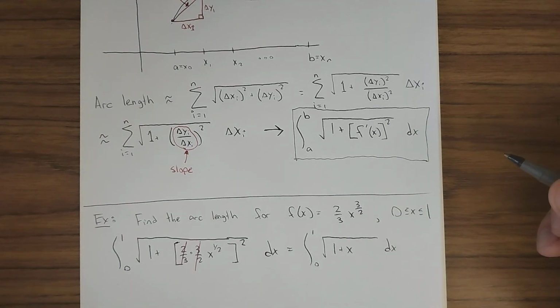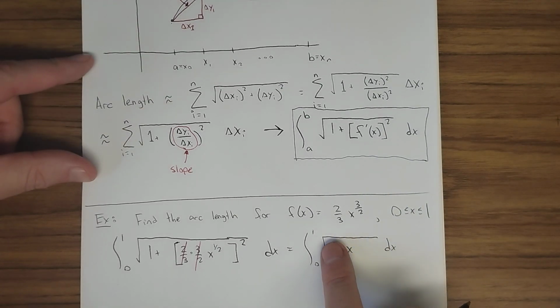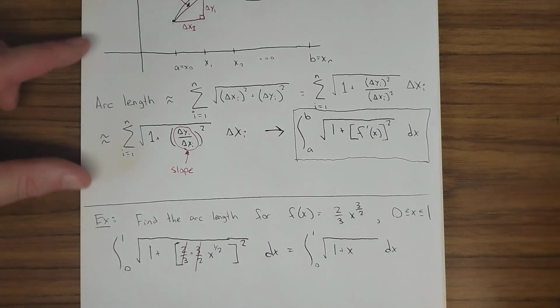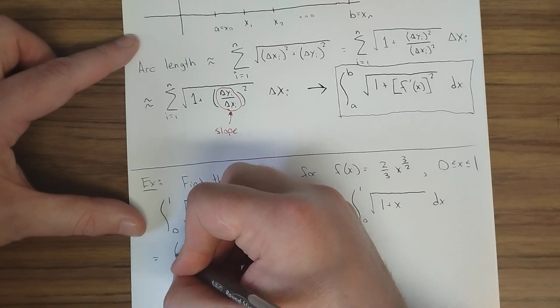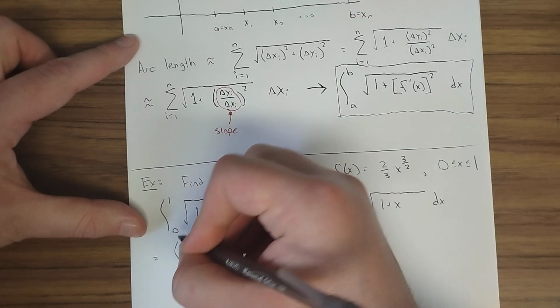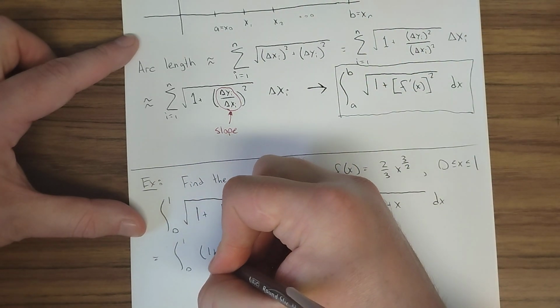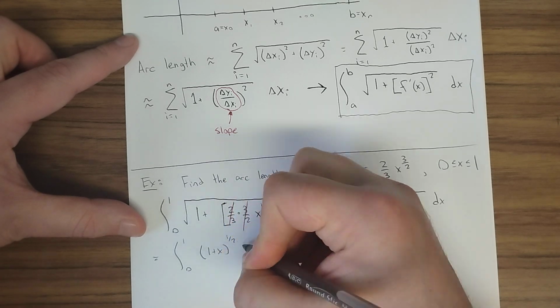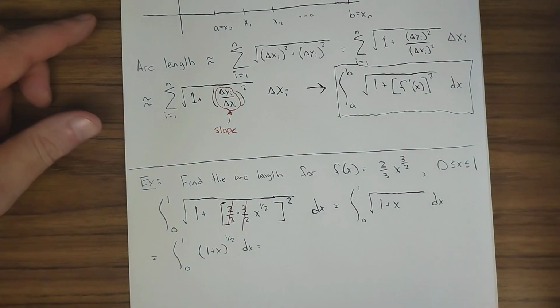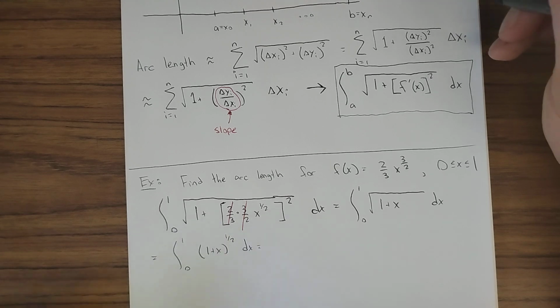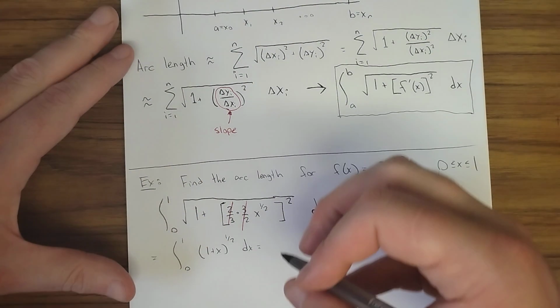And this is an easy antiderivative to do. If this was just x to the 1/2, then I would do the normal power rule. But I'm going to skip the work of an easy substitution again. You can do w equals 1 plus x if you like, but I'm going to skip the work.